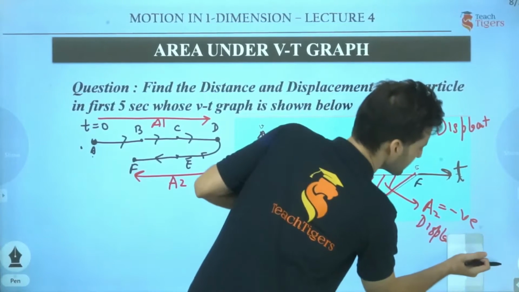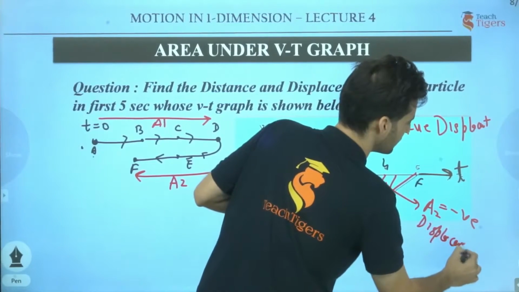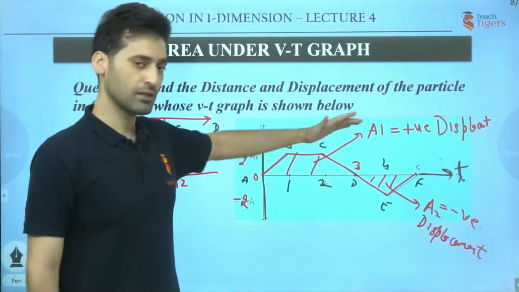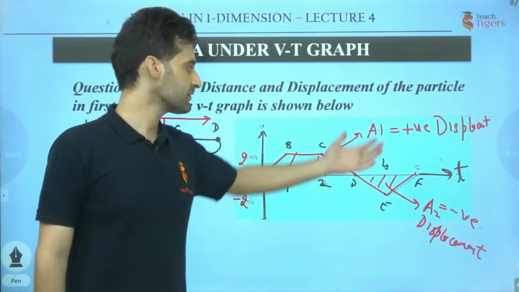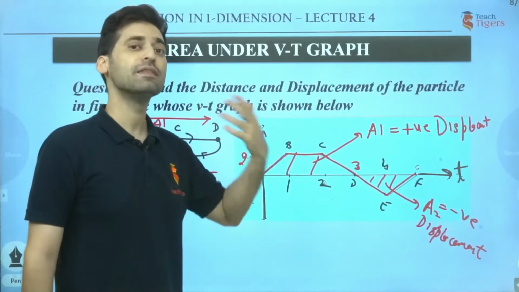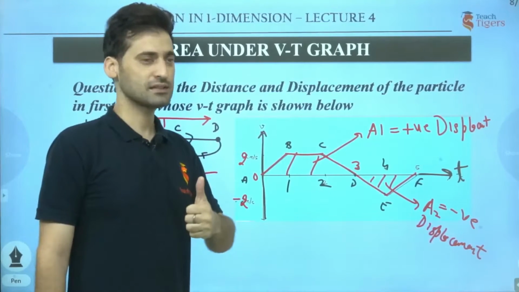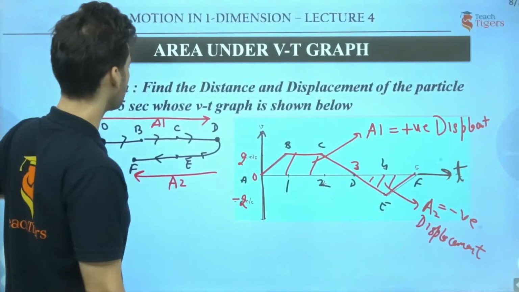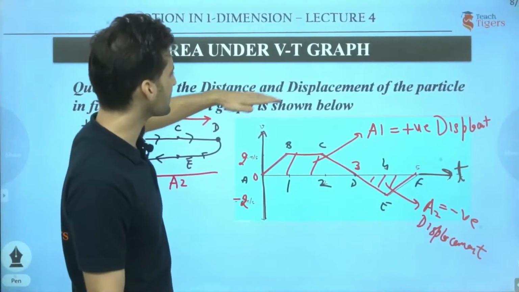So you mark these important points here. If the area lies above, it will give you positive displacement. If the area lies below, it will give you negative displacement. Mark these terms.